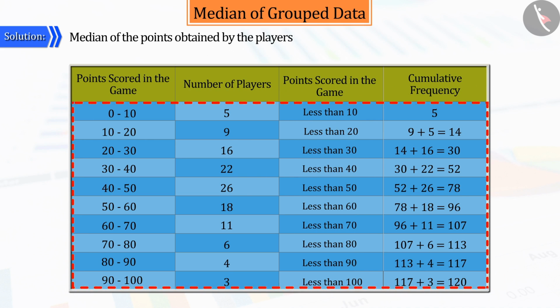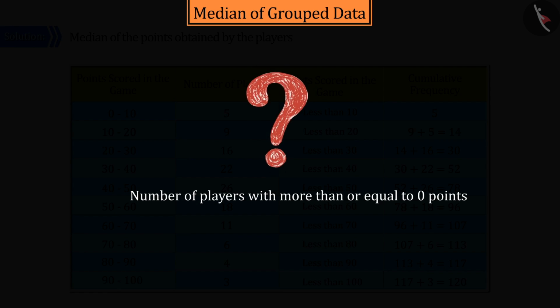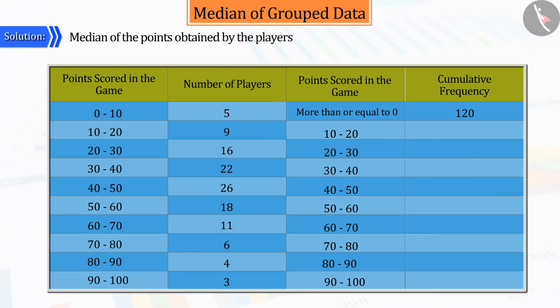But because of the given distribution, if you are asked how many players got more than or equal to 0, then will you be able to tell? Absolutely correct. Here, all 120 players have scored more than or equal to 0.